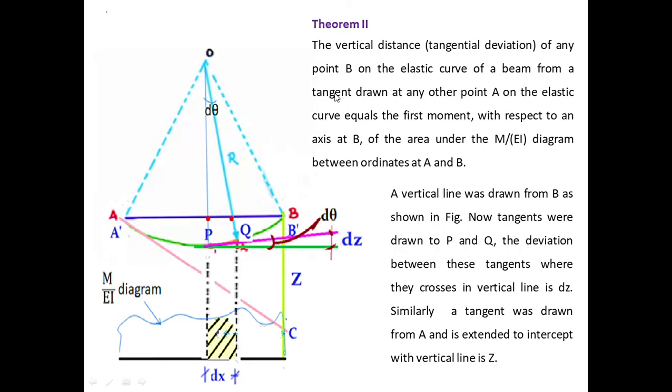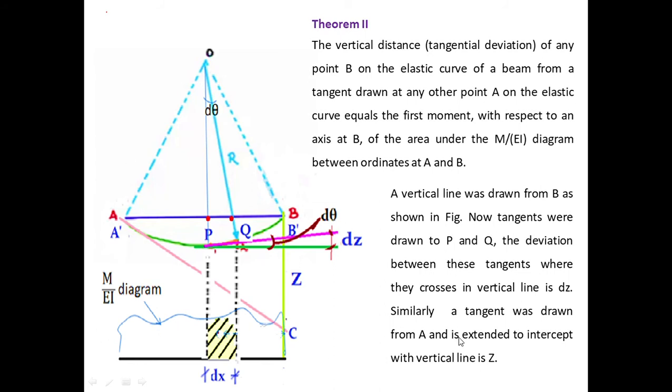Okay. Here the vertical distance, that is the tangential deviation of any point B on the elastic curve of a beam from the tangent drawn at any other point A on the elastic curve, equals the first moment with respect to an axis at B of the area of the M by EI diagram between ordinates at A and B. What is that?